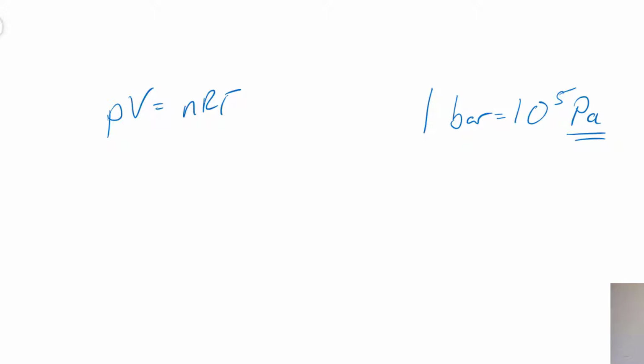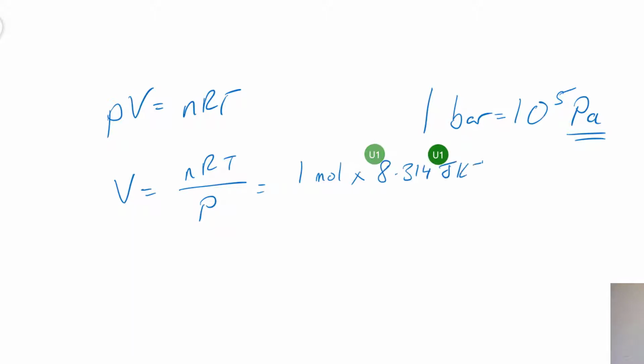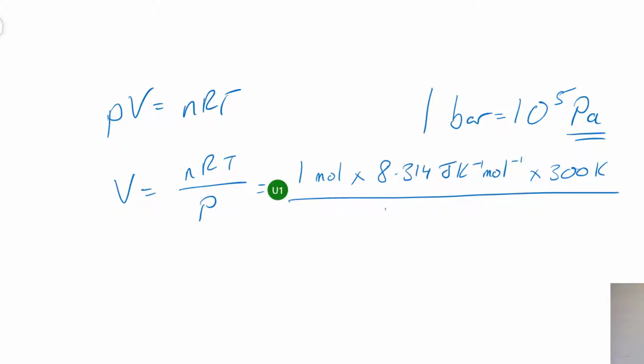And we're looking for the volume, so we can rearrange this expression. V is equal to nRT over P. So we take the number of moles, 1, multiplied by the gas constant, 8.314, multiplied by the temperature, 300 Kelvin, divided by the pressure.